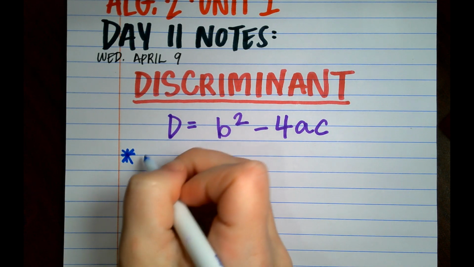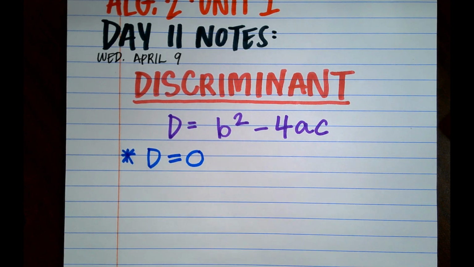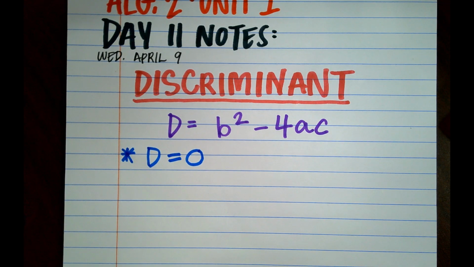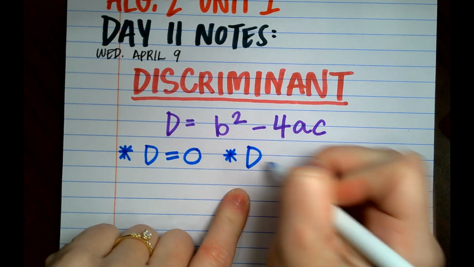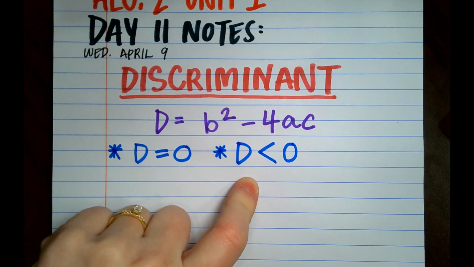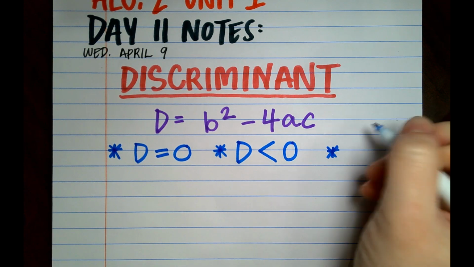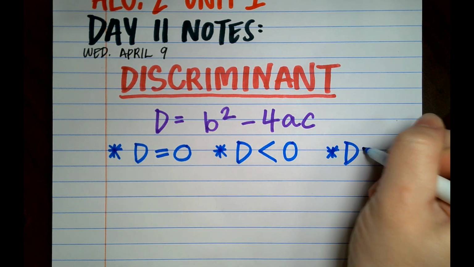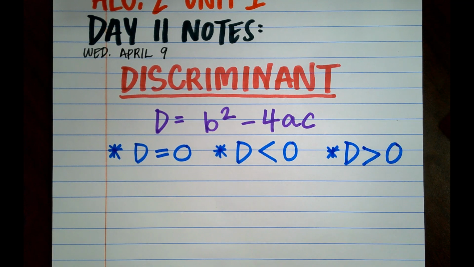First, your discriminant might be equal to 0. Your discriminant might be less than 0. Or your discriminant might be more or greater than 0.